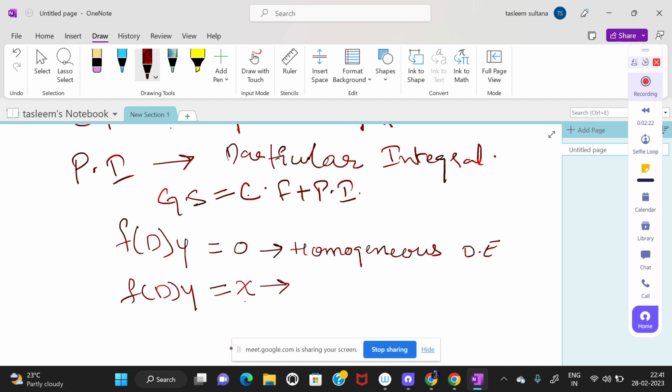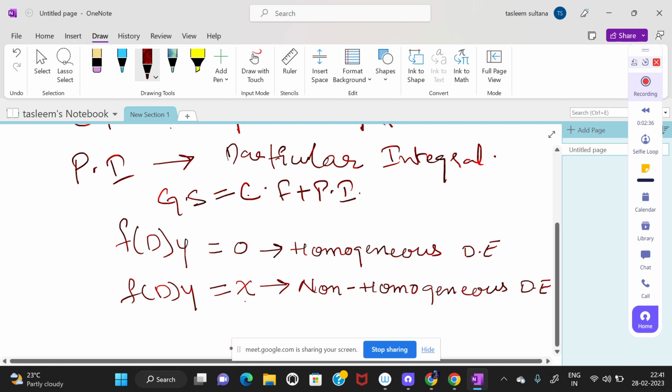When your f of D into y equals some function of x, not equal to 0, that is known as non-homogeneous differential equation. In this form, you're going to find both.